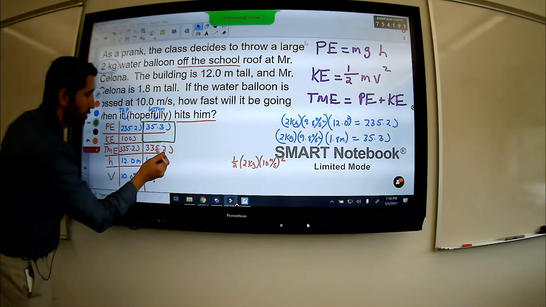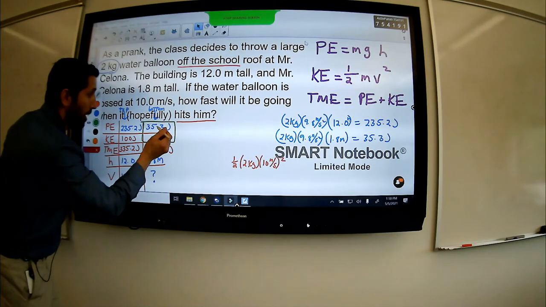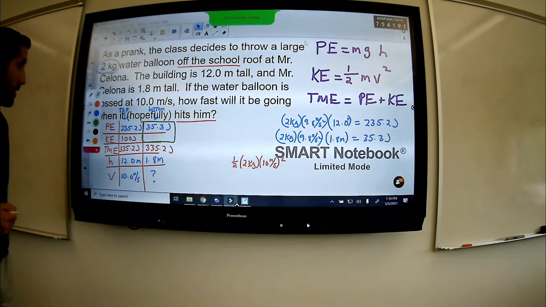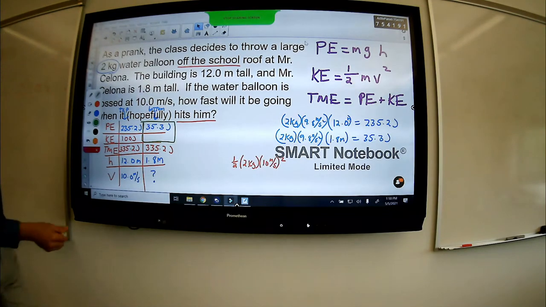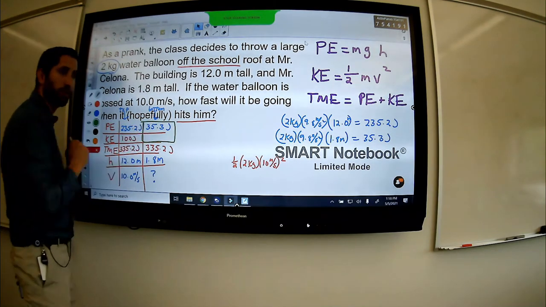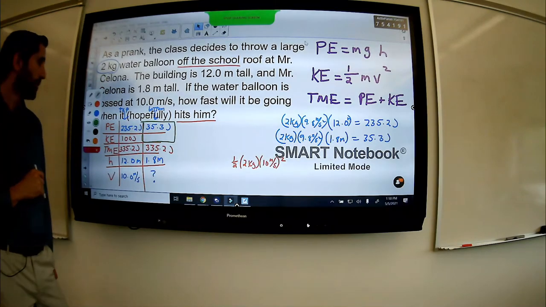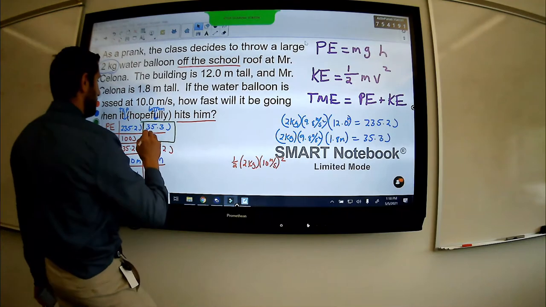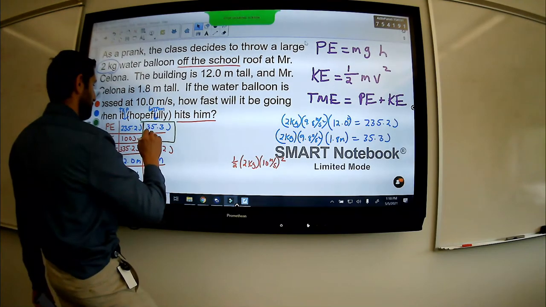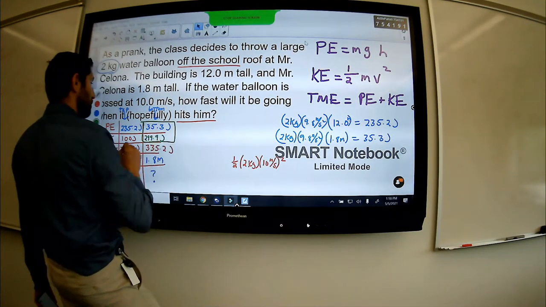So that means 335.2 minus 35.3 has to be equal to the kinetic energy at that spot. If we subtract these two, we can get this kinetic energy. That's going to be 299.9 joules.